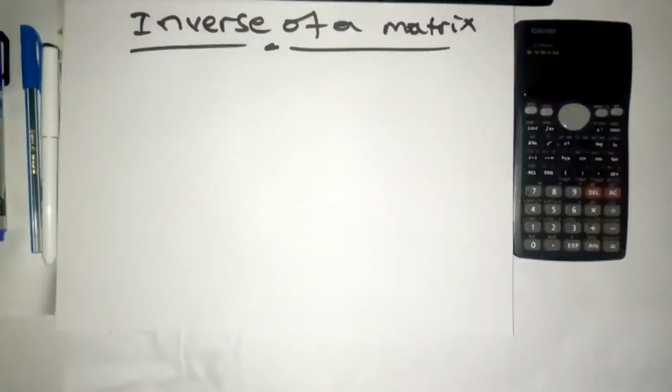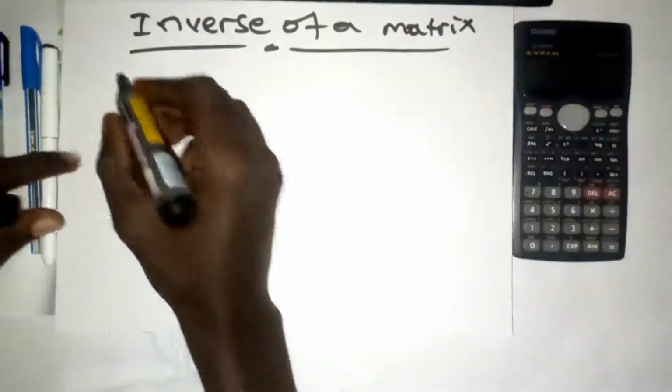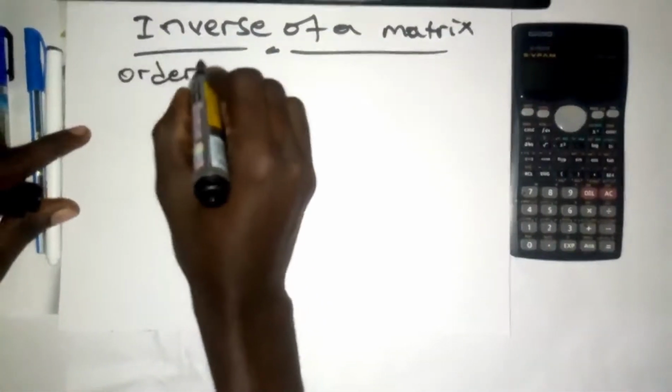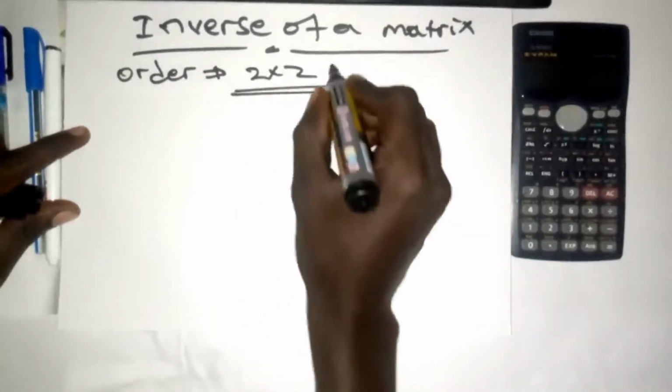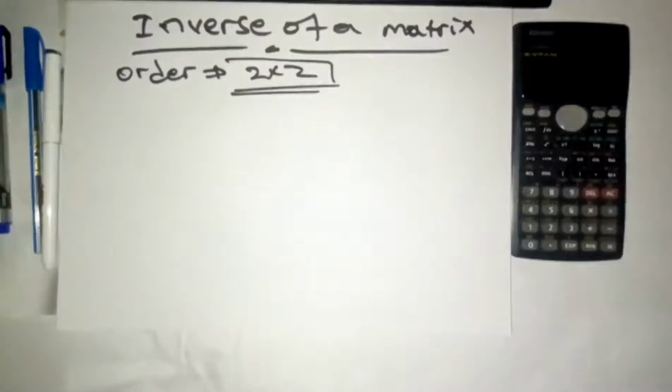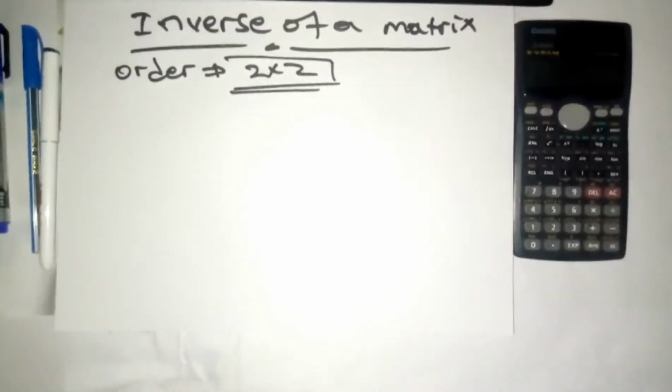Like last time I told you that we need to consider the 2 by 2 matrix. We should restrict ourselves to a 2 by 2 matrix, meaning that the order of the matrix that we shall be dealing with will be 2 by 2. At this level, we need not go deep into maybe a 3 by 2 or a 3 by 3 matrix.